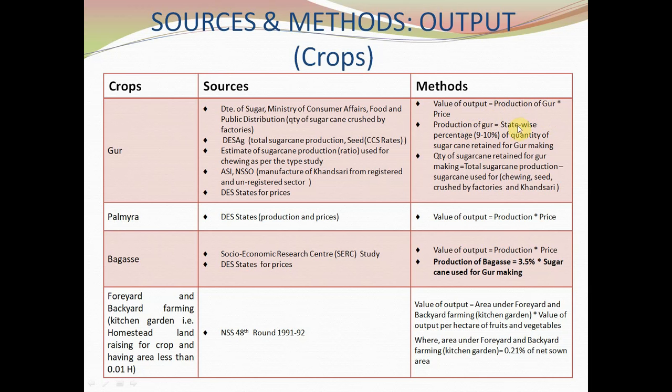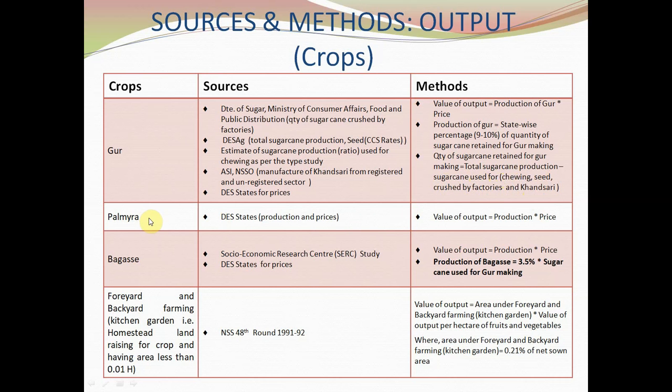Production of gur will be dependent on state-wise data available, which is 9 to 10 percent of the quantity of sugarcane retained for gur making. And what is the quantity of sugarcane retained for gur making? It is total sugarcane production minus sugarcane used for chewing, seed, crushed by factories for sugar production, and khandsari.